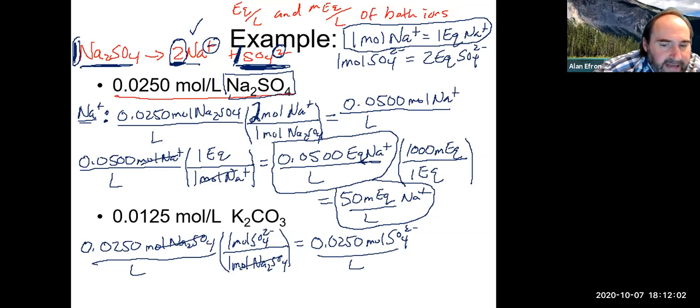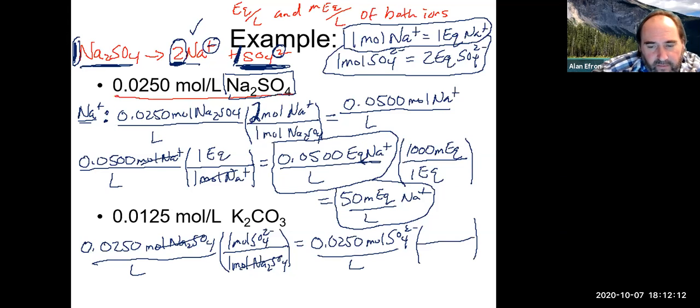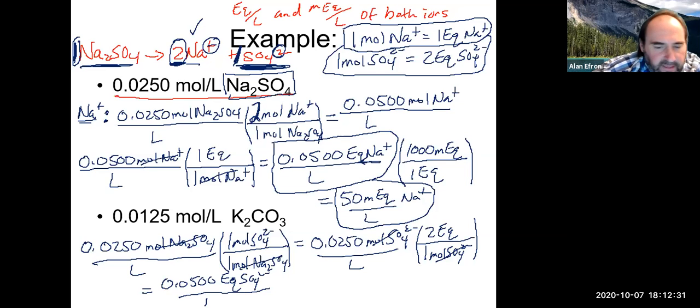At this point, I now can use my relationship for sulfate and equivalents. 1 mole of sulfate is 2 equivalents. The moles will cancel, and this will give us 0.05 equivalents of sulfate per liter.